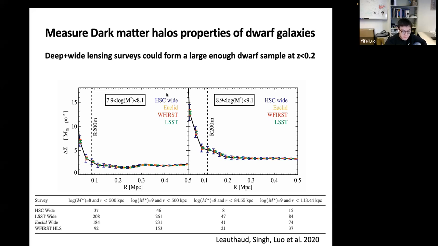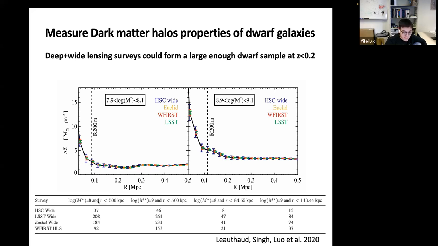We know those 4 surveys have different depths and different survey areas. Different depth and different survey area give you different cosmological volume. And if we can detect all the dwarf galaxies or dwarf halos in that volume, we can have a rough estimate of their weak lensing signal to noise.